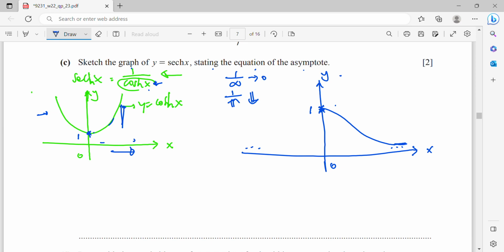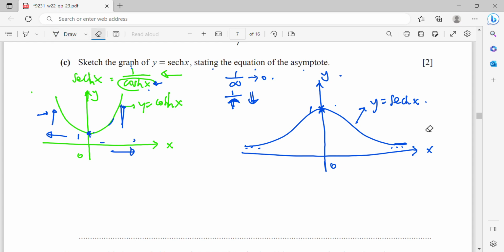Same for the left-hand side. When x goes towards negative infinity, the graph increases to infinity. So 1 over increasing will be decreasing, so from 1, it will decrease to 0. So this is our hyperbolic secant x graph.